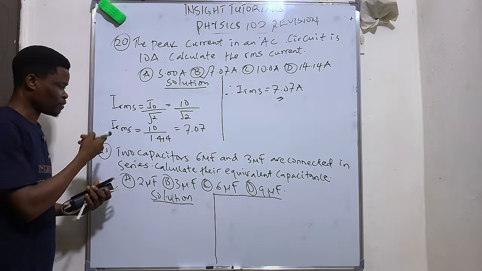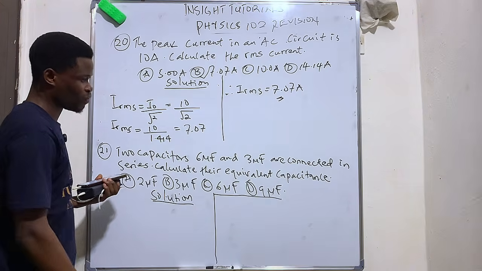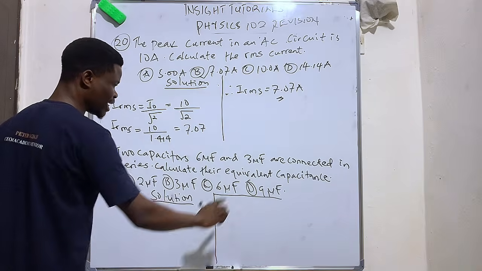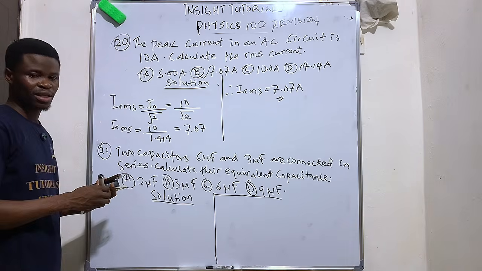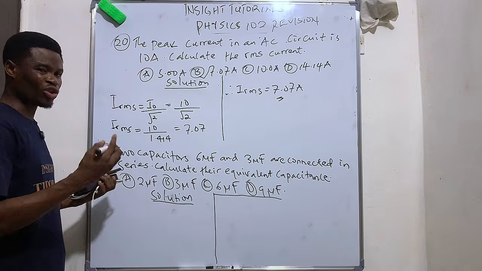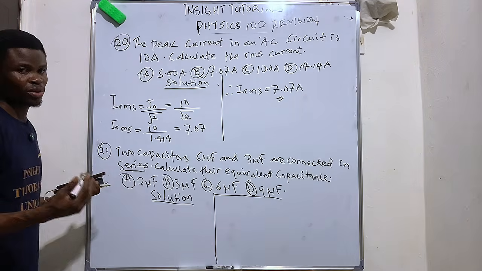Next question says that two capacitors of 6 microfarad and 3 microfarad are connected in series. Calculate their equivalent capacitance. Anytime you see capacitors connected in series, there are two formulas you can use in solving this.